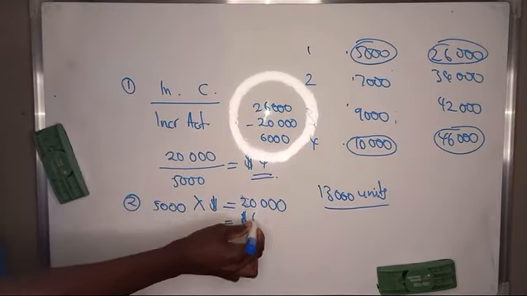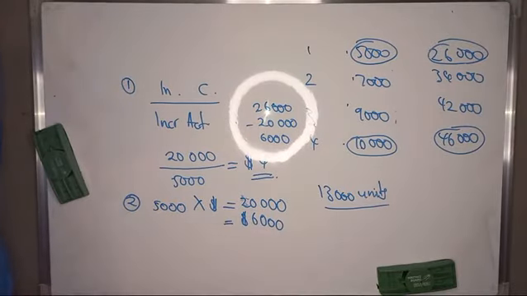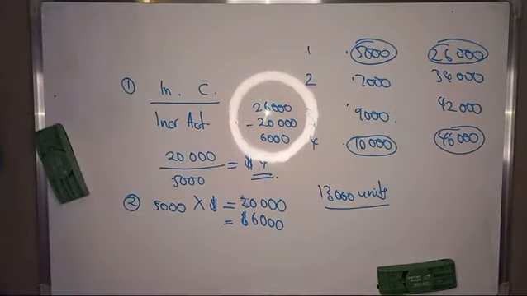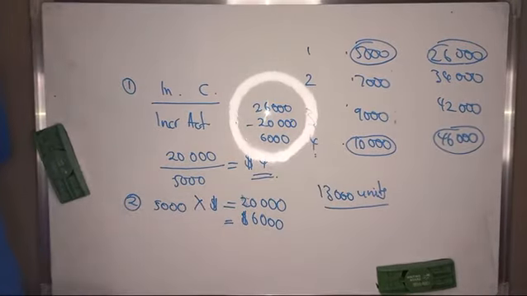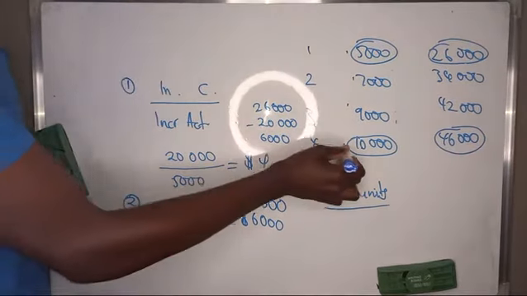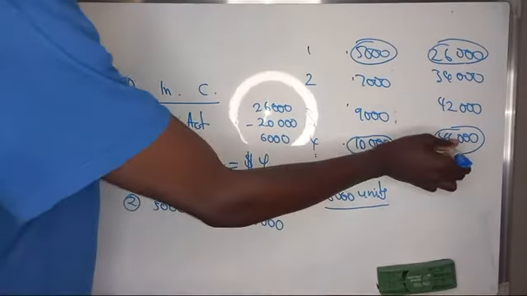There you go, 6,000. Just so you know, if you apply the same process on any activity level, you're still going to get the same answer. For example, let's apply it on year number 4: we have 10,000 units and the total cost is 46,000.